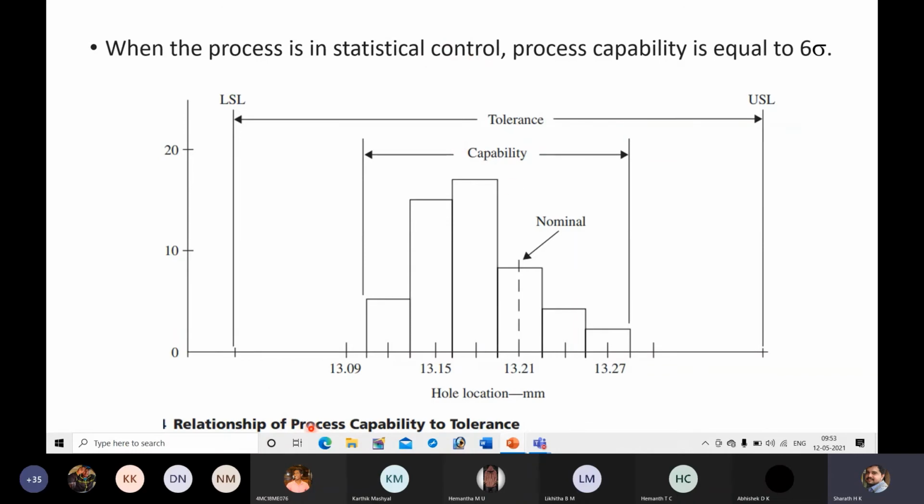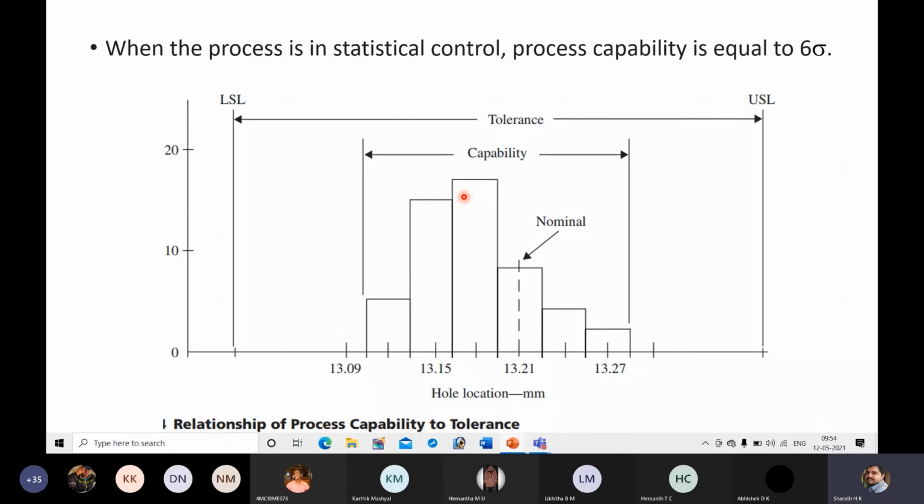Relationship of process capability to tolerance. This is an example where you have tolerance limits, lower specification limit and upper specification limit, but you are able to produce within this range. That means even though the tolerance limit is wider, since the process is in control, you are able to produce products closer to the target value.